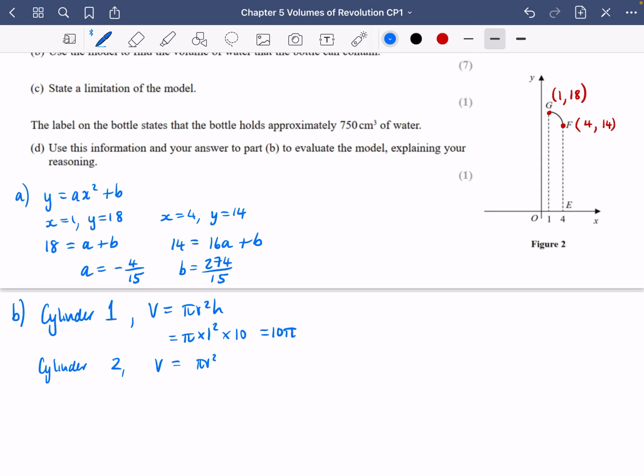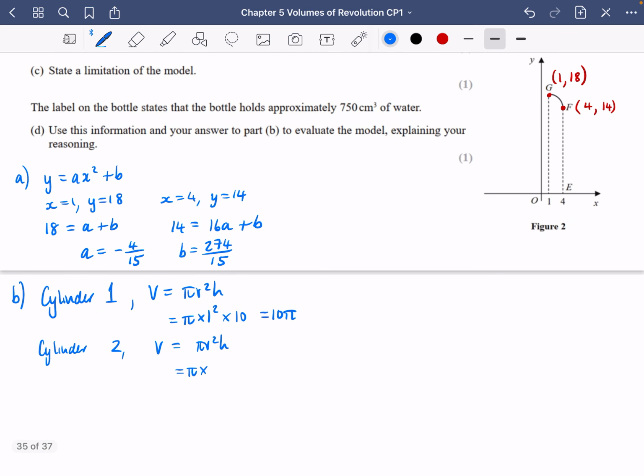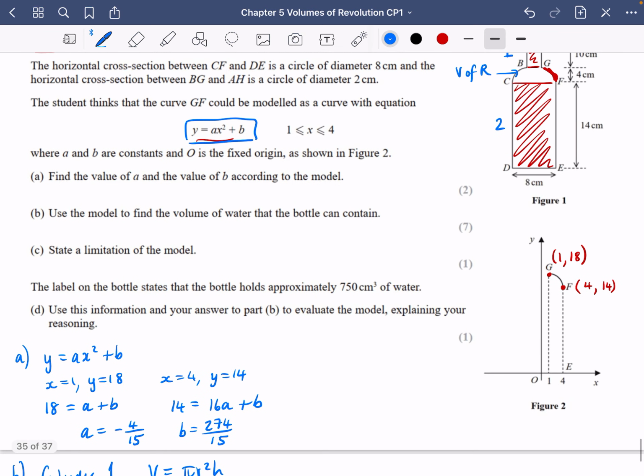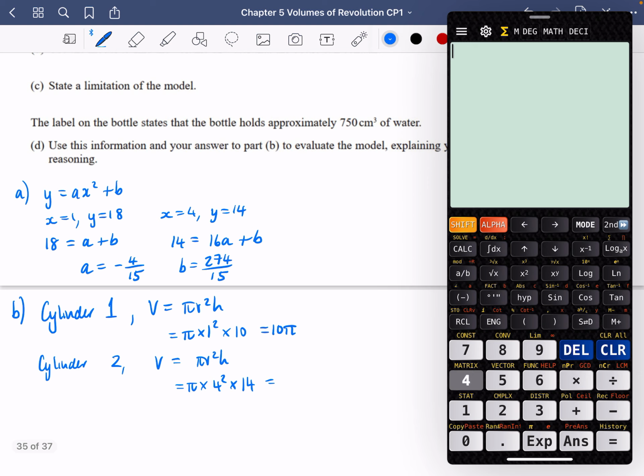It's still going to be pi r squared h, and the diameter is 8, so the radius is 4. And the height of that bottom part is 14. So that is going to be 4 times 4 times 14, that's 224 pi.